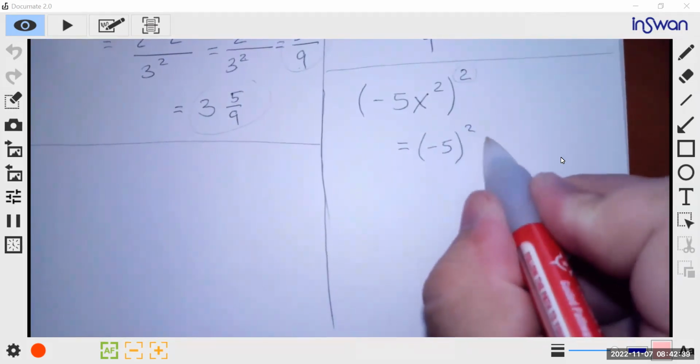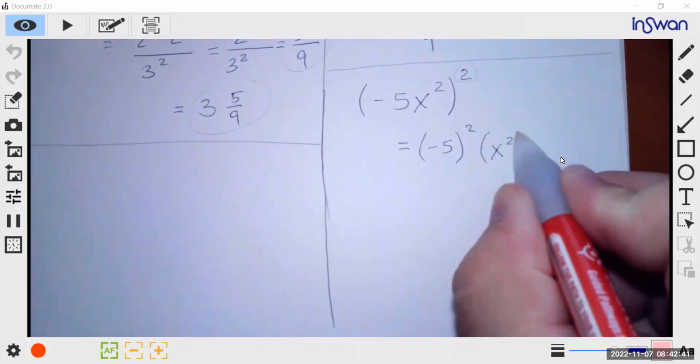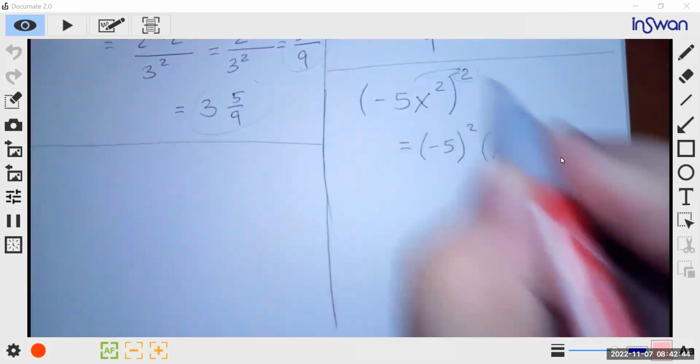It gets a square. The next one is an x squared. It gets a square. Both of these get a square.